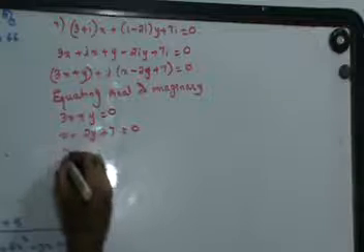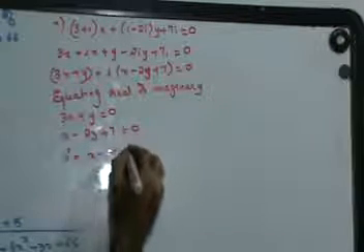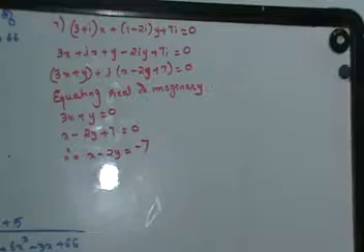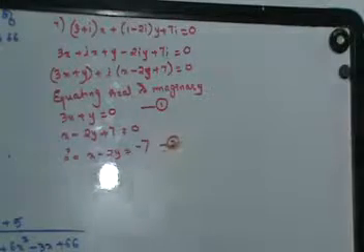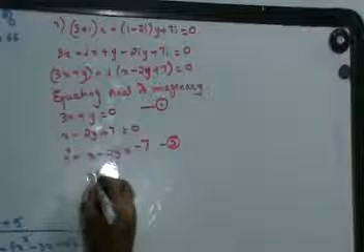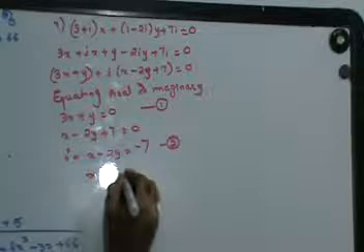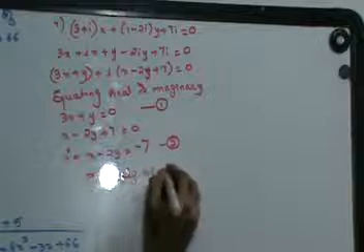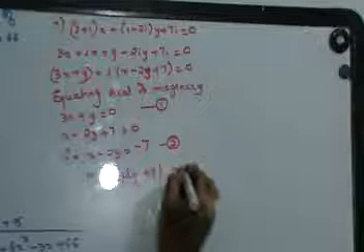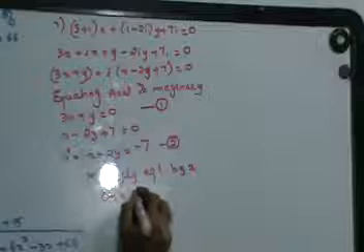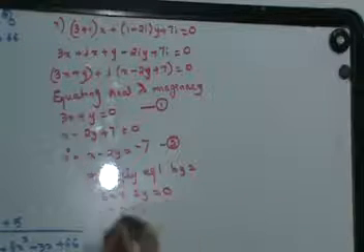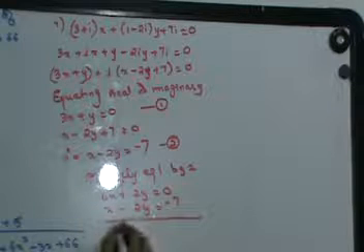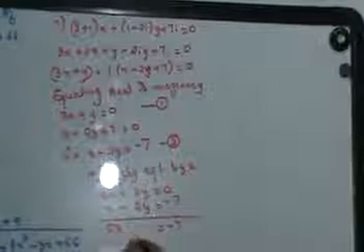Now, here I can therefore say that x minus 2y is minus 7. Call this as equation 1, call this as equation 2. Multiply equation 1 by 2. I'm solving 1 and 2 simultaneously, people. So I'll get 6x plus 2y is 0, x minus 2y is minus 7. In which case I'll get 5x is minus 7, x is minus 7 upon 5.